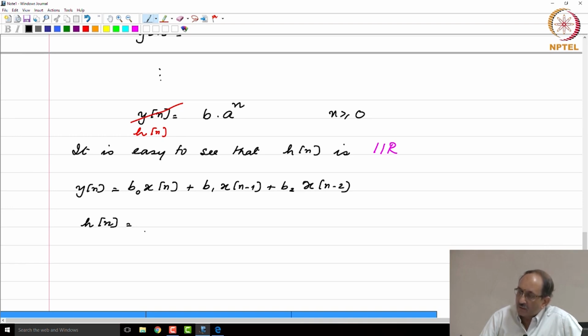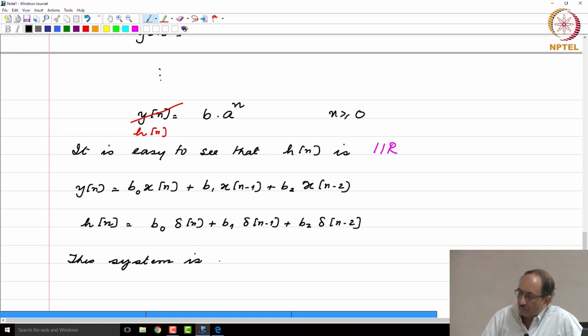So, h of n in this case happens to be b0 delta of n plus b1 delta of n minus 1 plus b2 delta of n minus 2. And this system is clearly IIR or FIR?